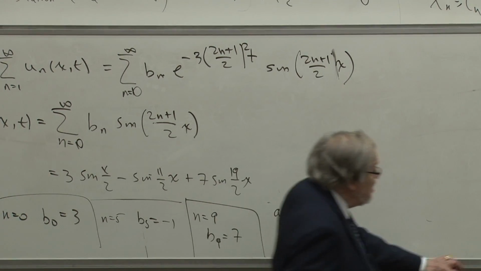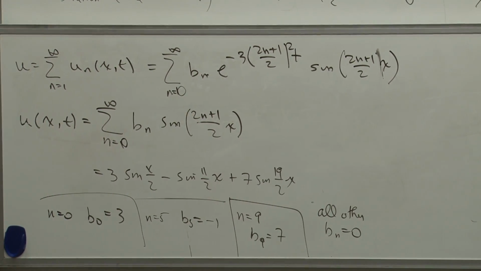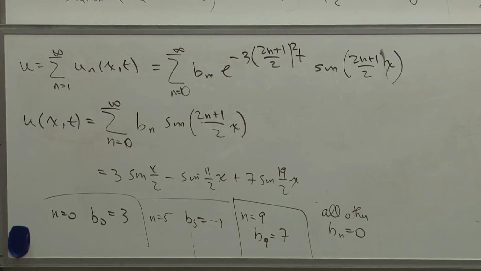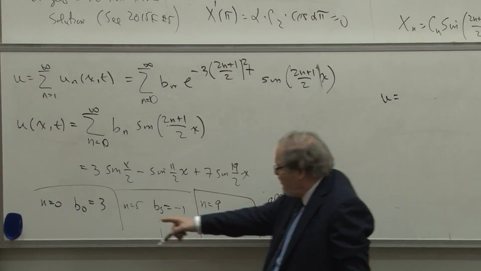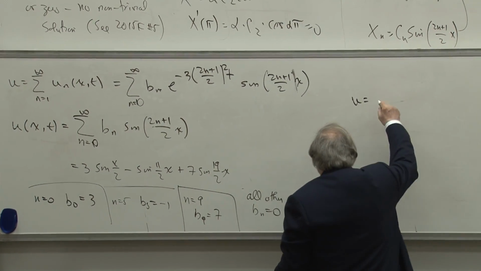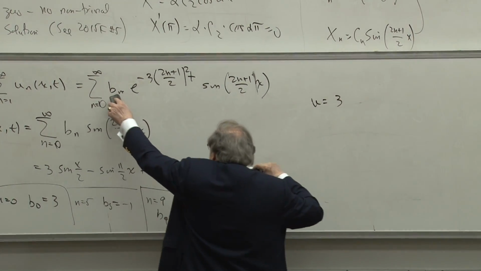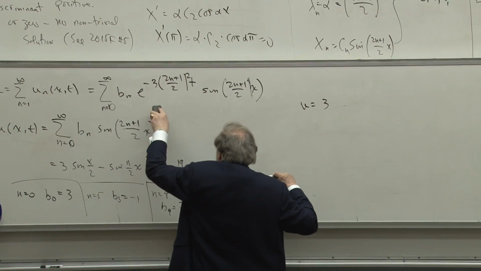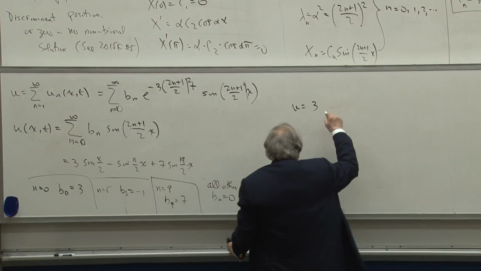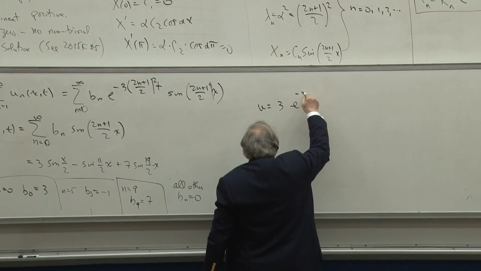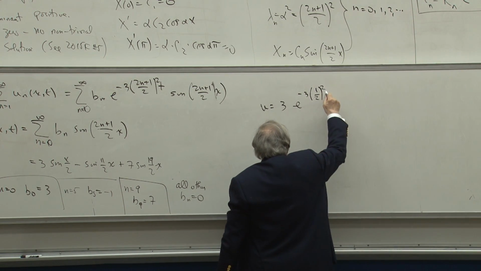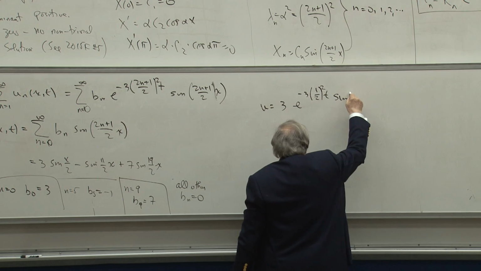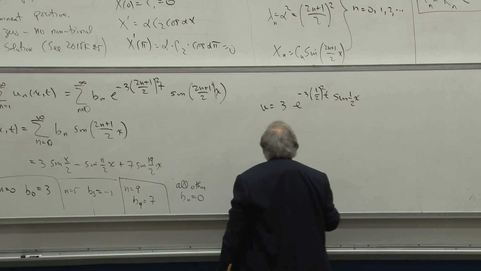And so I get to write down the final solution to the problem. u is first term, n equals 0 term. First term in here, 3. n equals 0 is an e to the negative 3, (1/2) squared t, sine 1/2 x.